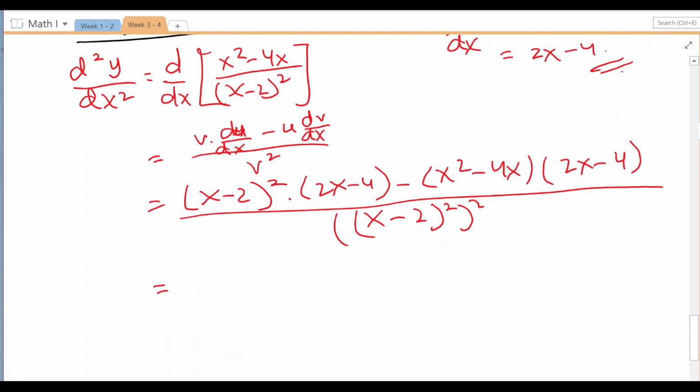We can take 2x − 4 as the common factor, so this part here, 2x − 4, is common, and we can take it out.